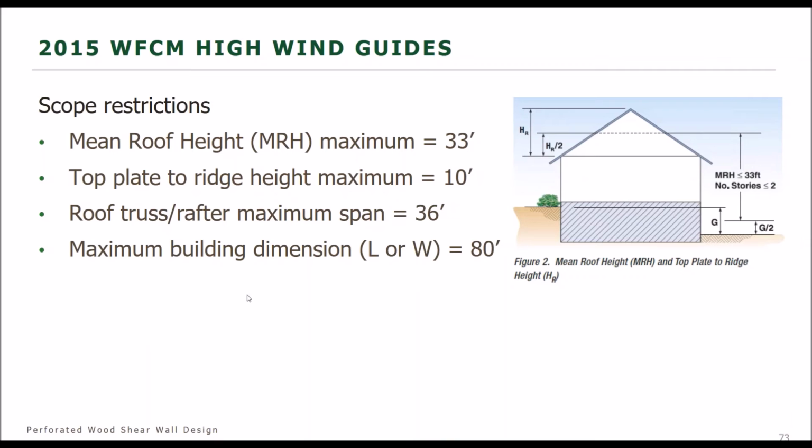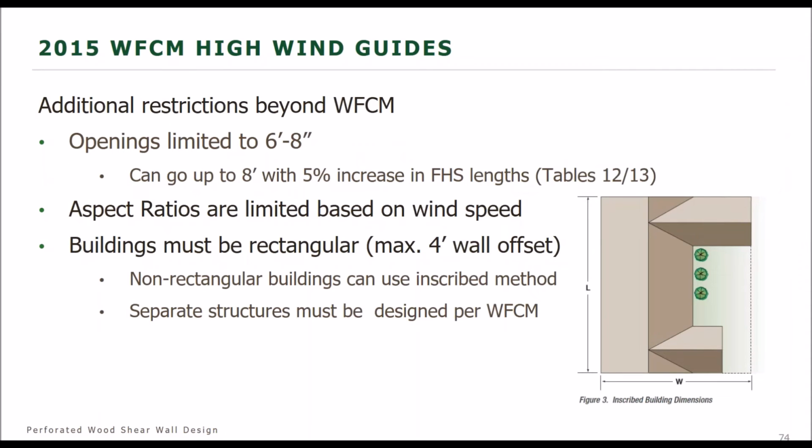And then your roof truss or roof rafter is going to have a maximum allowable span of 36 feet. Some additional restrictions beyond what's in the WFCM. Our openings are limited to 6 feet 8 inches. You can go up to 8 feet if you apply a 5% increase in the full height sheathing lengths in the shear wall tables we're going to look at momentarily.